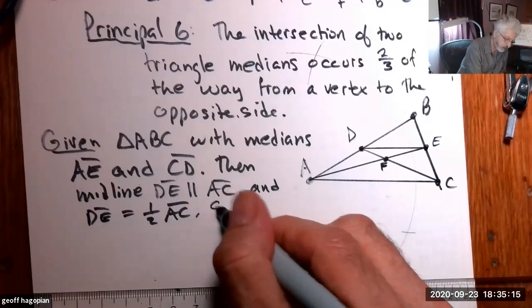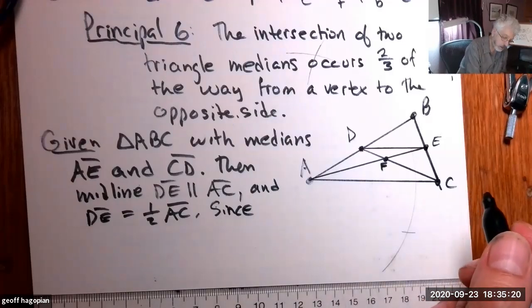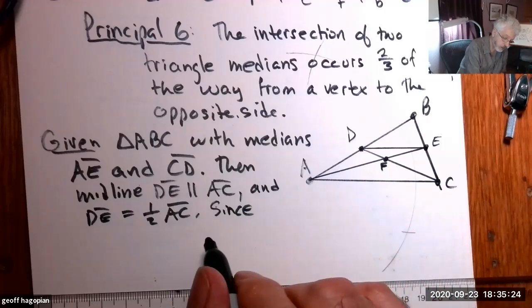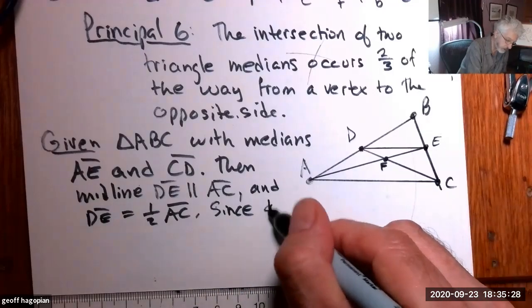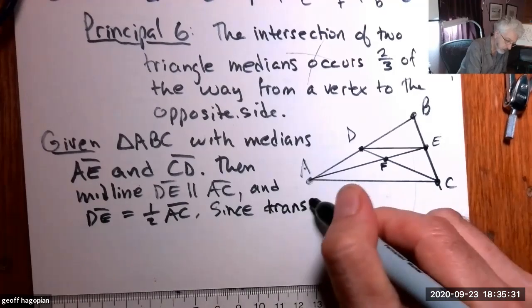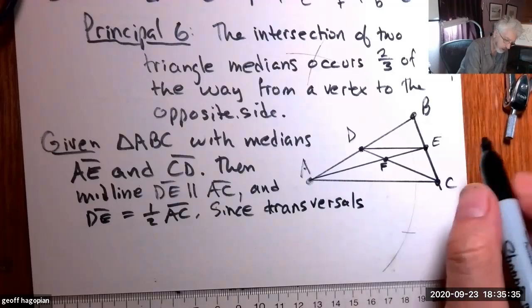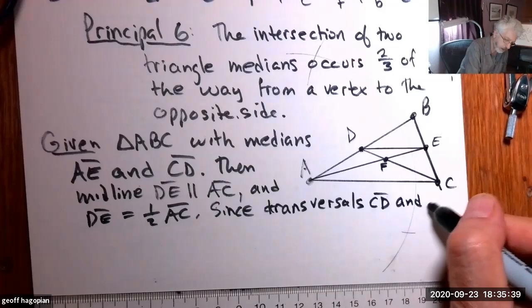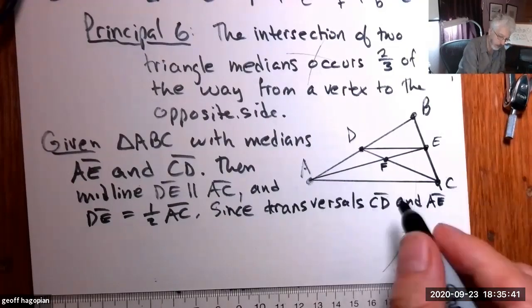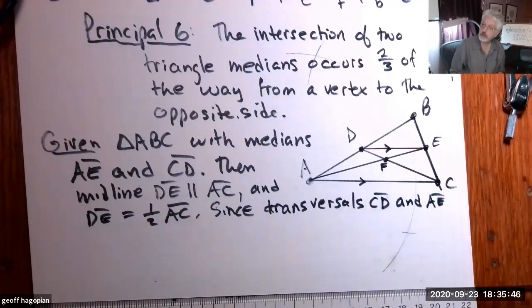Well, since transversals, and what are the transversals? Well, CD and AE, right? Those are transversals cutting parallels. Shall I indicate that these are parallel with a little arrow like that? I think that's good, huh?